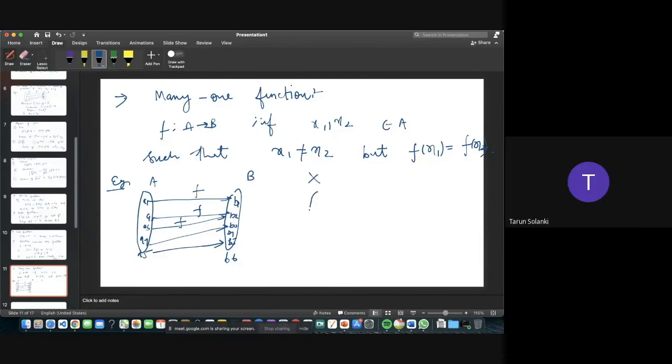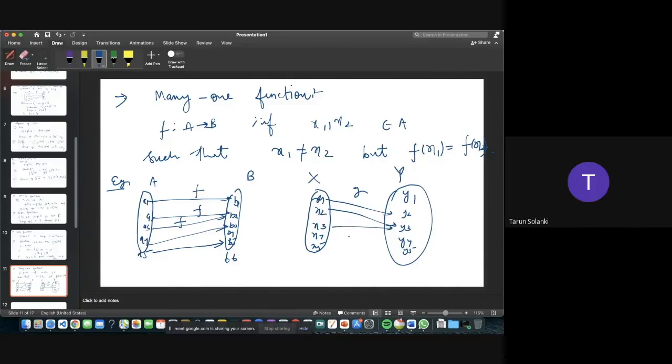And here, one more. So this is x1, x2, x3, x4 and x5. Here it's y1, y2, y3, y4 and y5. So x1 goes to this, and x3 also comes here. So this is a many-one function, right? This is the example of a many-one function.